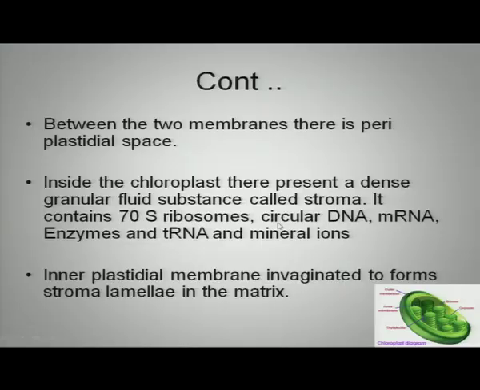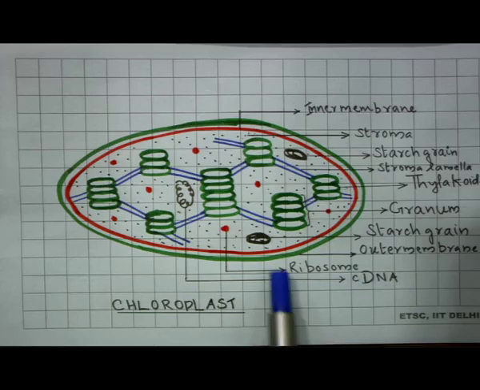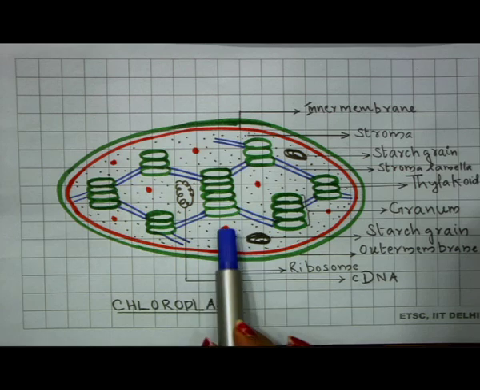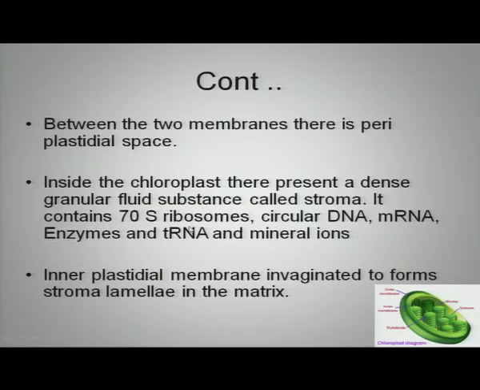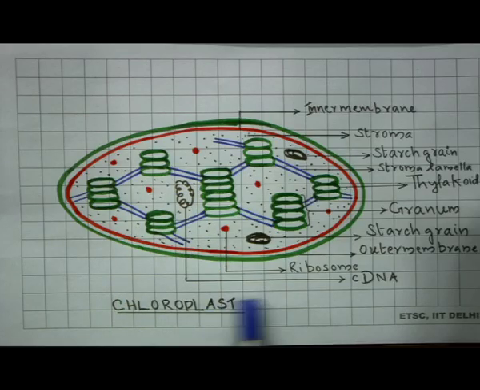It also contains 70S ribosomes. These red colored dots, spherical ones, are ribosomes. The type of ribosome here is 70S ribosome, just like that of mitochondrial ribosome. Here also you can see circular DNA, cDNA, circular DNA.